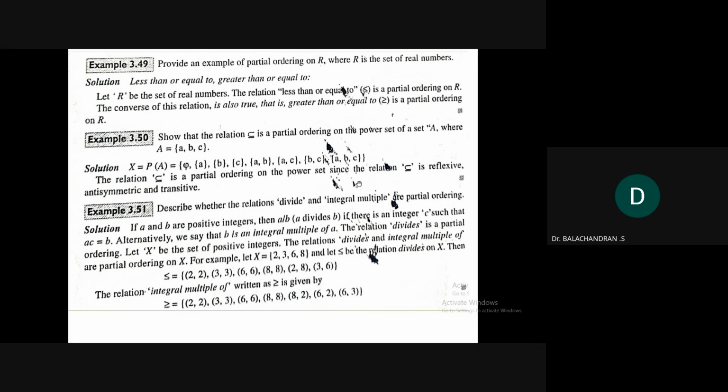In integral multiple, you should assume b is an integral multiple of a and c is an integral multiple of b, implies c is an integral multiple of a. So more or less the same idea.